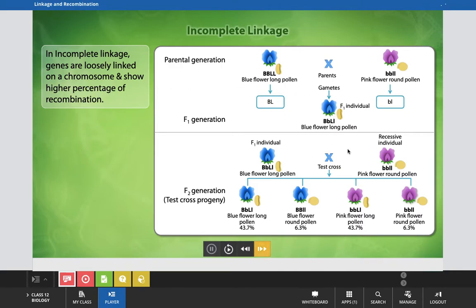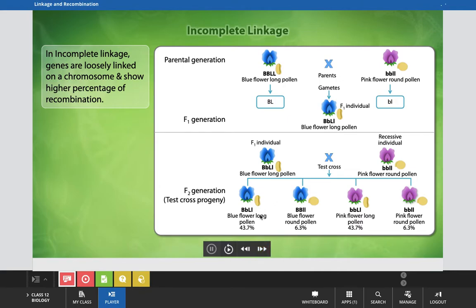As in this example, in the F1 generation, the blue flower long pollen plant is test crossed with the pink flower round pollen plant. Then there are four types of combinations in the F2 generation.